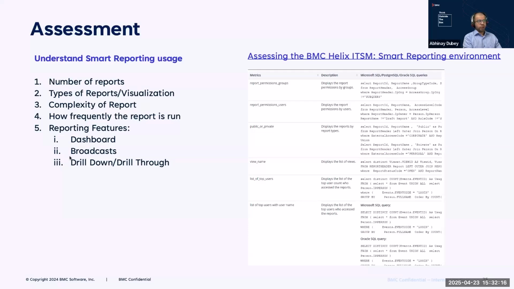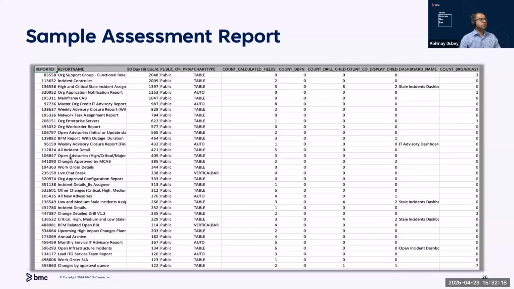Let's take a look at one of the sample assessment reports. If you look at the report, these are all the factors that we talked about in the previous slide. For every report, we are looking at the hit count, the frequency of that report being run.